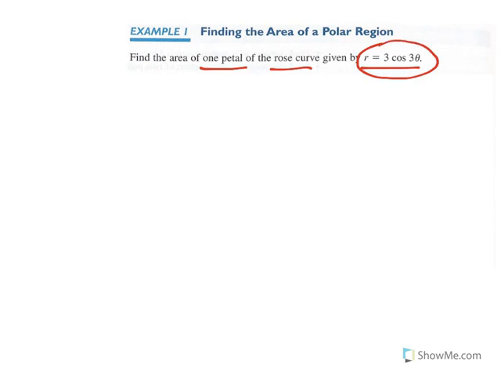This is going to help you tremendously. It doesn't really tell you what the limits of integration are, but it does tell you that you want to find the area of one petal of the rose curve. So you have to look at the graph, identify one petal of the rose curve, and then determine what the limits of integration should be.